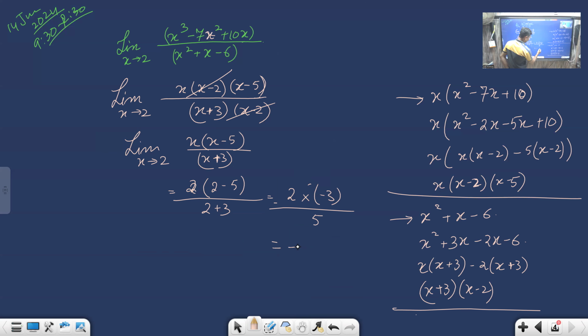Now it's minus 6 by 5. और है क्या? अब तो एक ही जैसे हैं सब. एक ये हो गया. Yes.